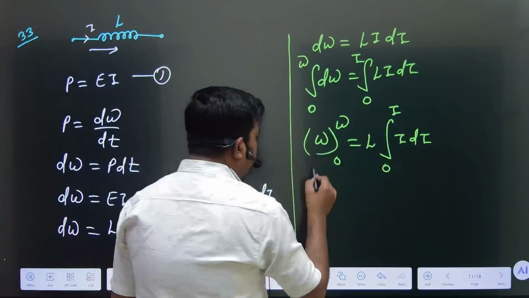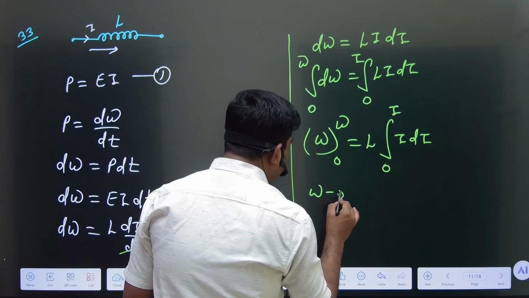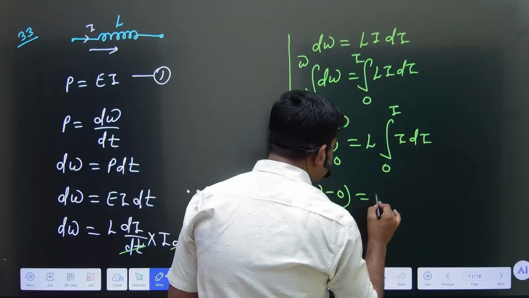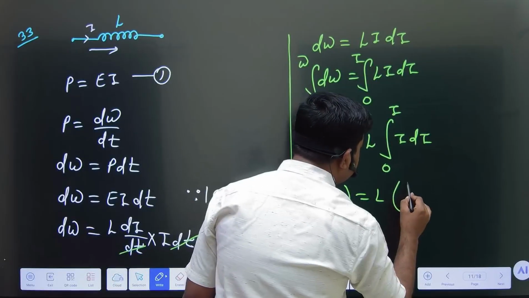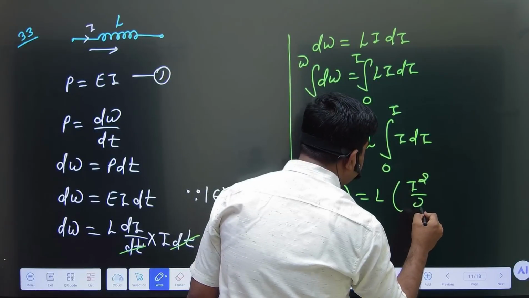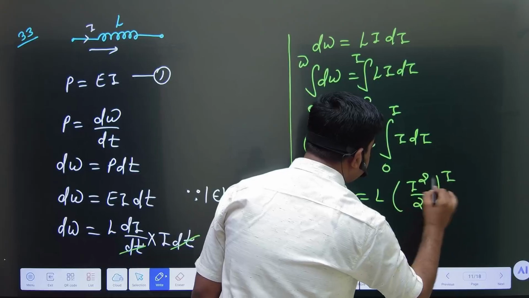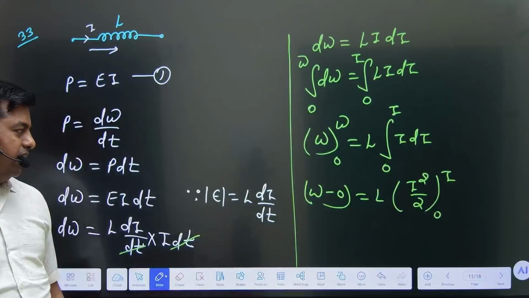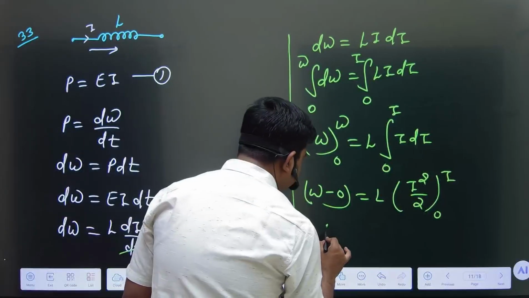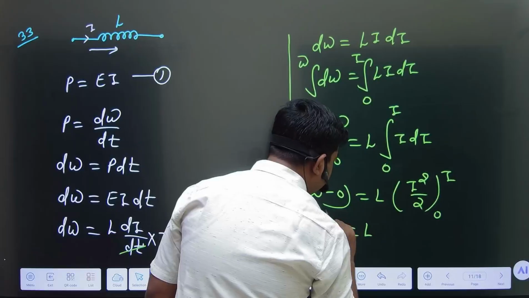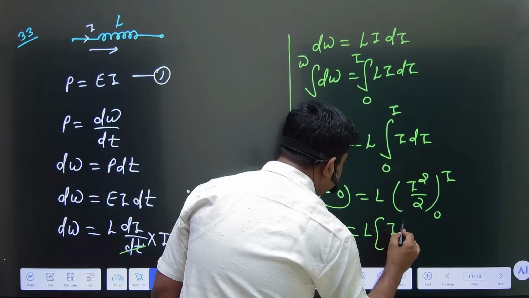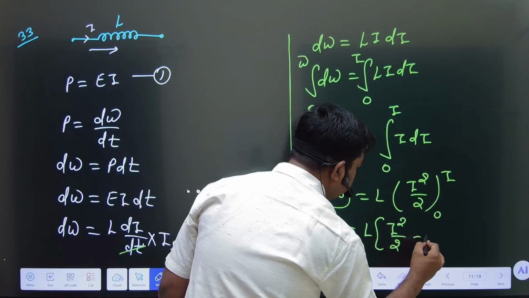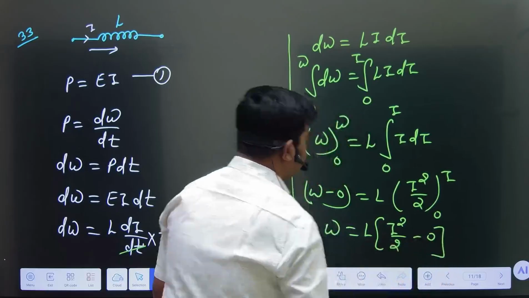Now we put in the limits, upper limit minus lower limit: W minus 0 is equal to L times the integration of I, which is I square by 2, with limits 0 to I. So W is equal to L times I square by 2 minus 0 square by 2, and this is 0.